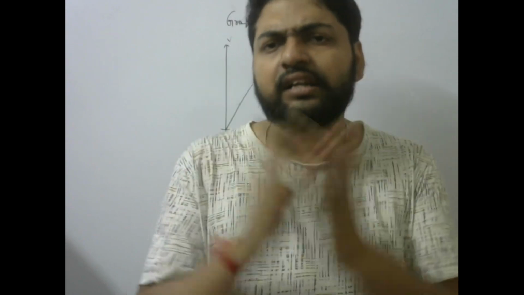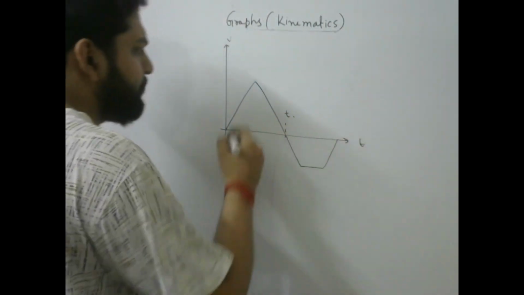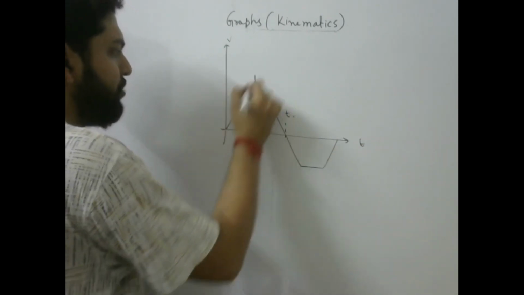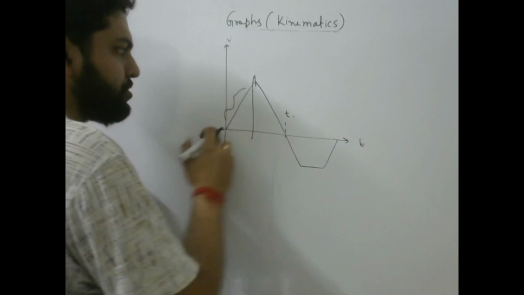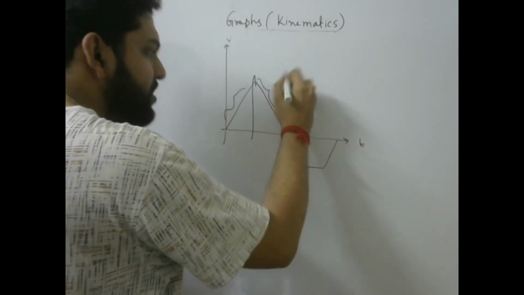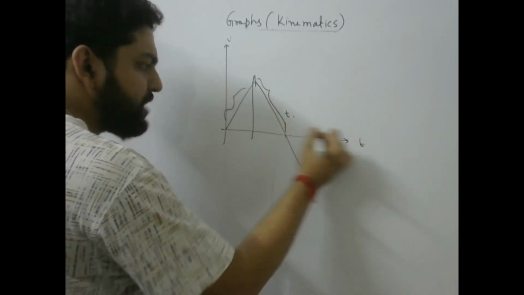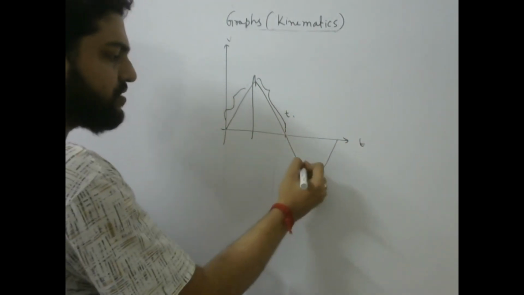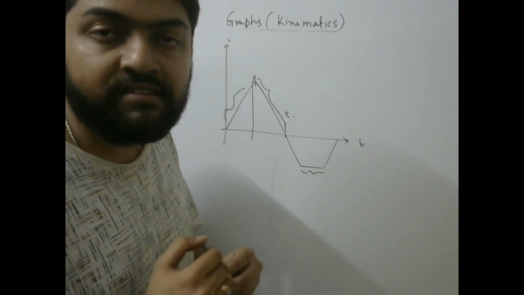The general concept for uniformly accelerated motion, the graph will be this type. This is your uniformly accelerated motion. In this region, where the velocity is decreasing, it is uniformly retarded motion. This portion is parallel to the time axis, which means in this portion velocity is not changing, so the object is in uniform motion.